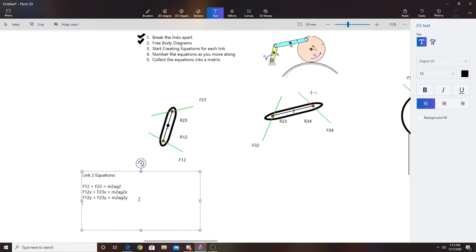Now we have to do the final one, which is the moment equation, which is involved in rotations. So our equation for moments is the following. It is r of x times f of y minus r of y times f of x.